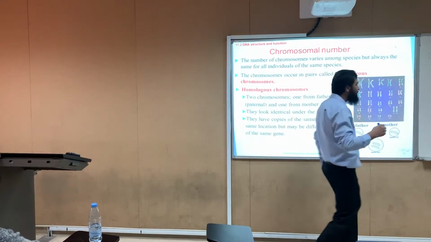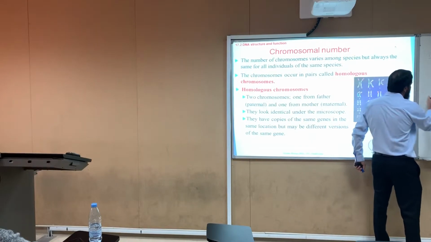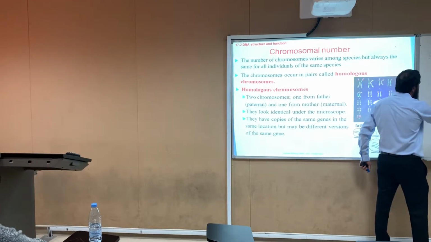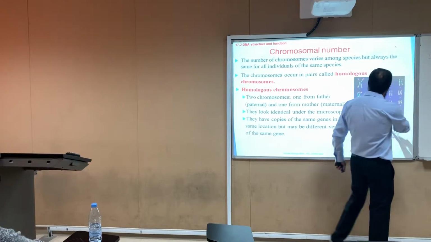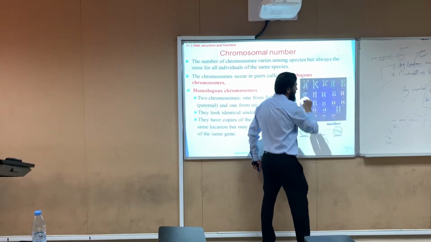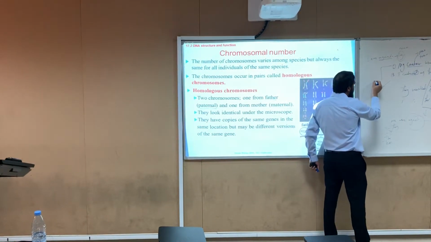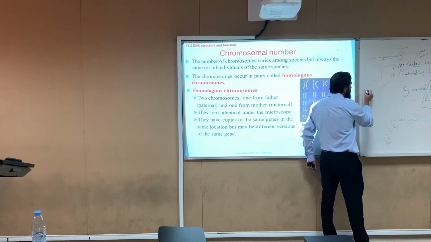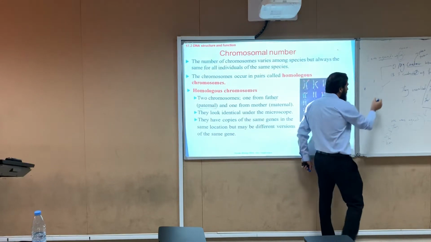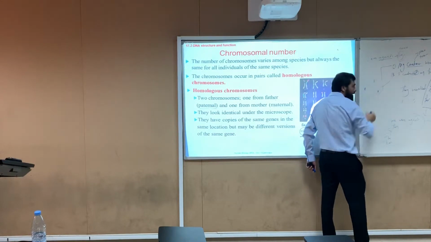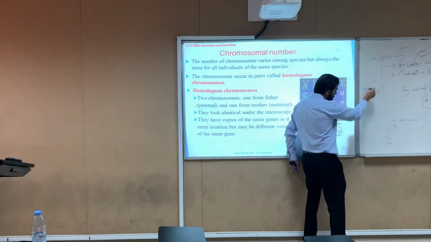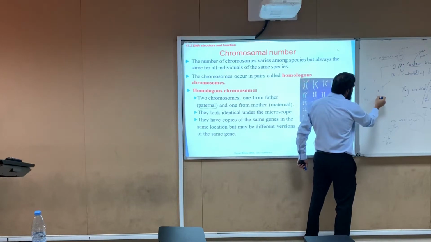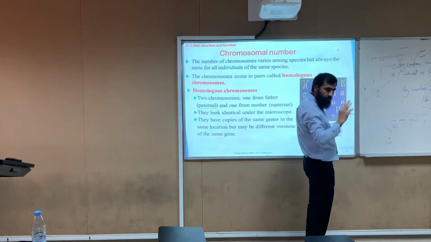So during fertilization, I'll just draw this pair. Chromosome number 1. You got one of it in the egg and one of it in the sperm. So there are 23 single chromosomes. They're not in pairs.